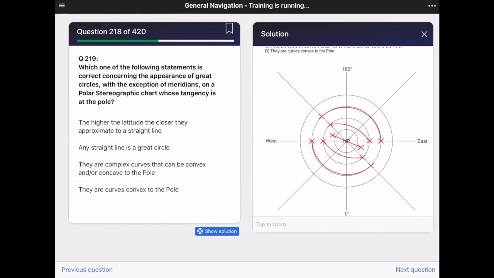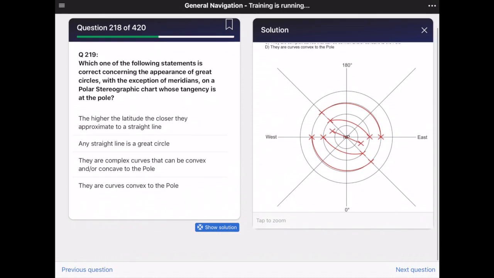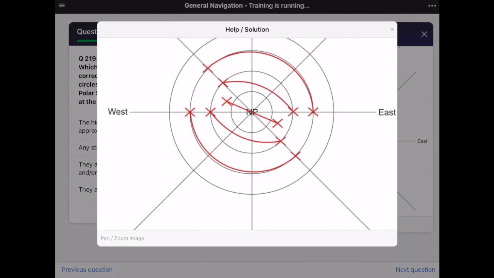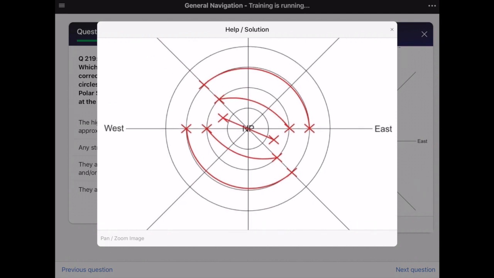simple drawing which should indicate a Polarstereographic chart and also the great circle tracks. So as you might see, the further south you're going, or let's say the closer you are to the equator, the more the great circle tracks are convex to the equator, and the more north you're going, or the closer you are to the pole, they look more like a straight line.